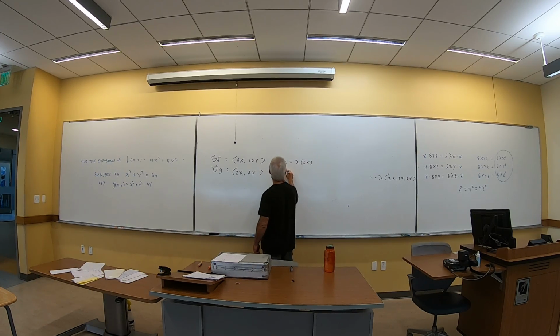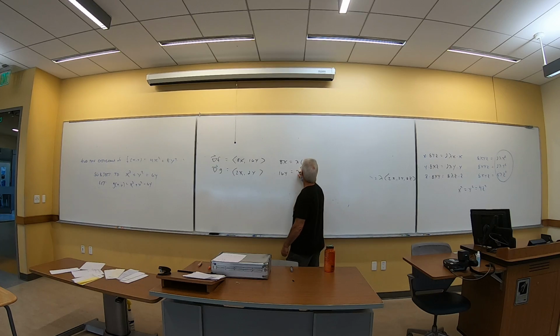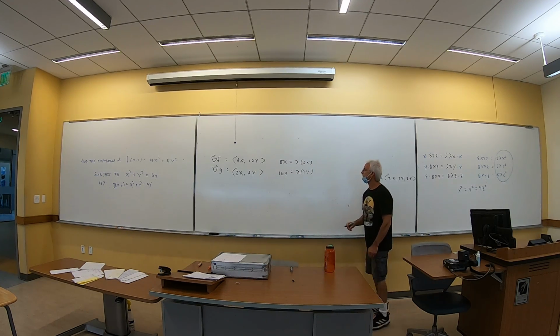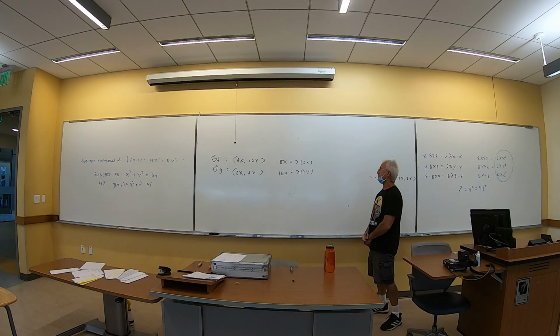And we have 16y equals lambda times 2y. It appears that we have a problem, don't we? Lambda is different.